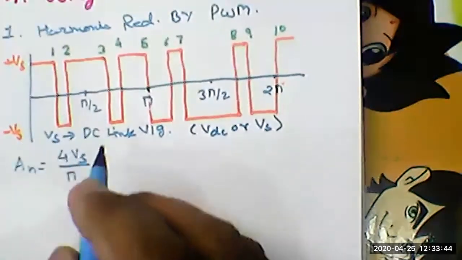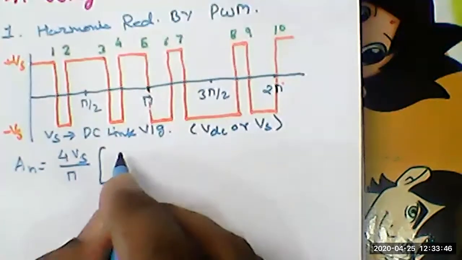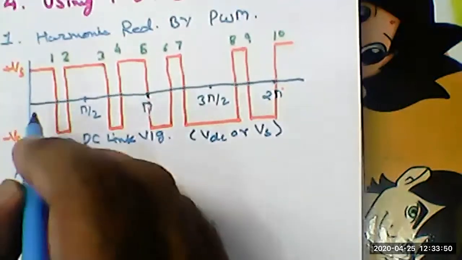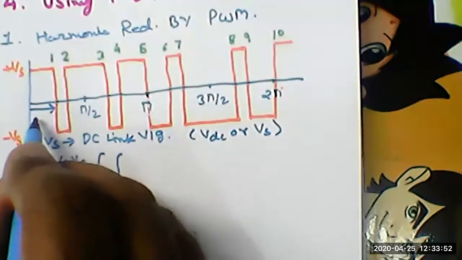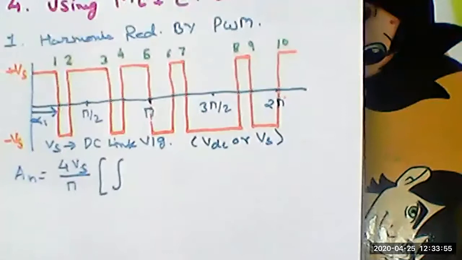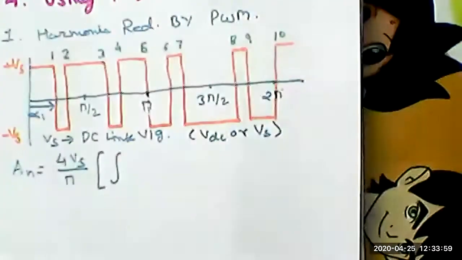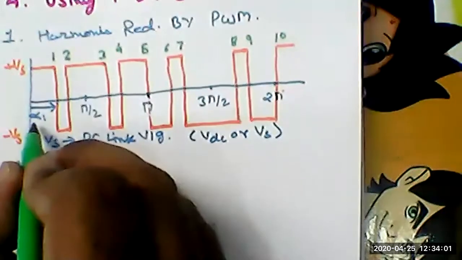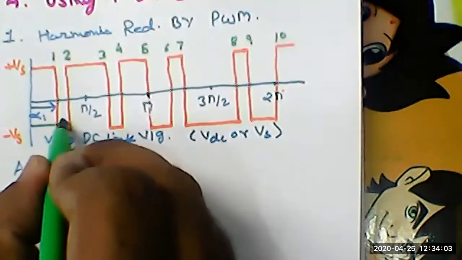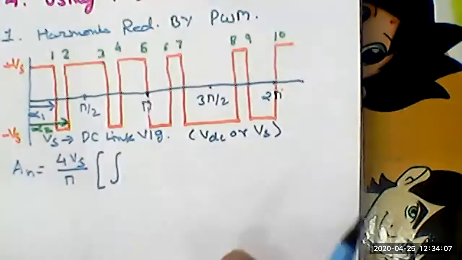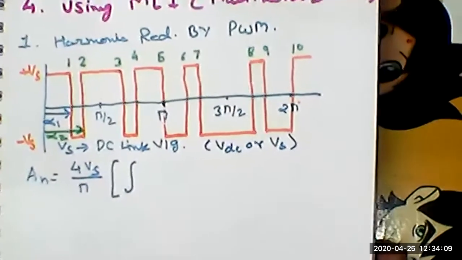Now 4 Vs upon pi, and it has to be integrated from 0 to, let us say this angle is alpha 1, and this angle is alpha 2.